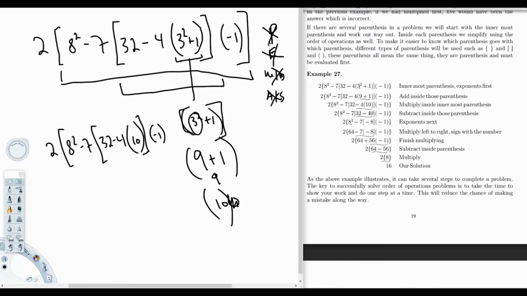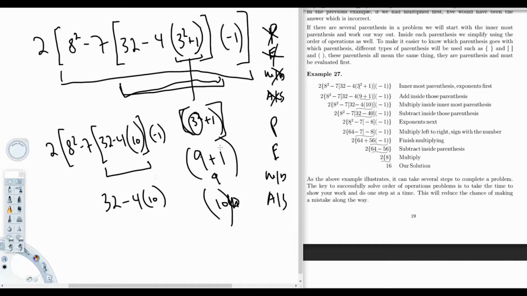So we're going to go over again, parentheses, exponents, multiplication, division, addition, and subtraction. All right, so are there any more parentheses? Yes, there are. The second one I said before right here. So let's take a look at this bugger. 32 minus 4 times 10.